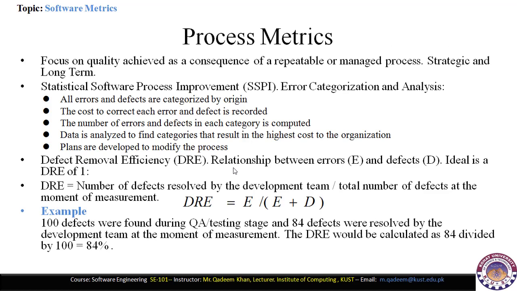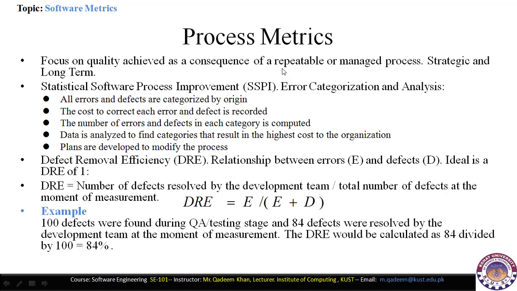Now, we are discussing an example of a process metric. For example, if we have to improve the quality of a software process or the quality of a phase of a software process, that may be either repeatable or managed. Repeatable means that when a particular activity is repeated over time, then it is improved, and when it is repeated, it gives us better results as compared to the previous activity.